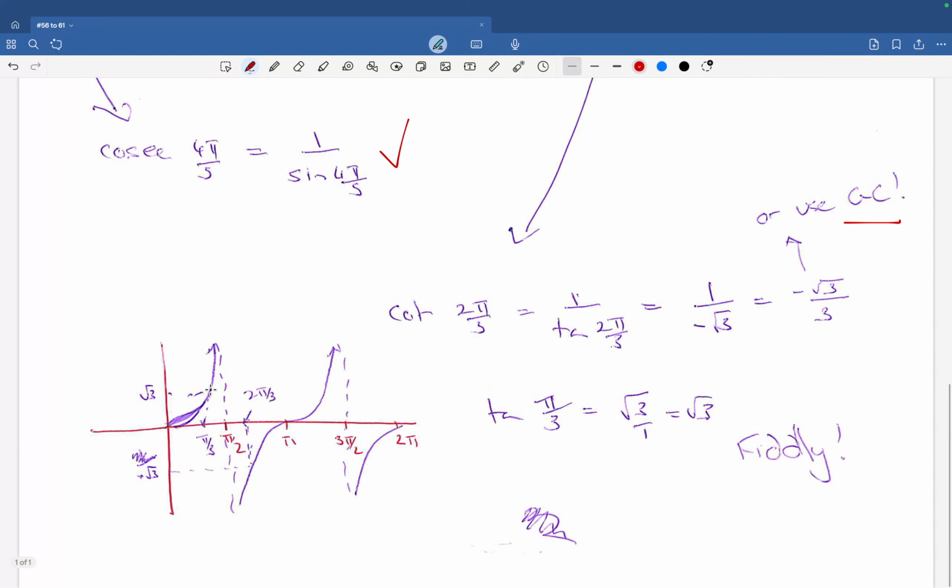Okay, so pi over 3 gives you positive square root 3, and by symmetry, you could argue 2/3 of pi is the same distance from here to here as from here to here, but this is negative, so that's a minus sign there. So my logic is, if you can follow that, you're doing awesome. But in theory, this bit here could be given as negative square root 3.